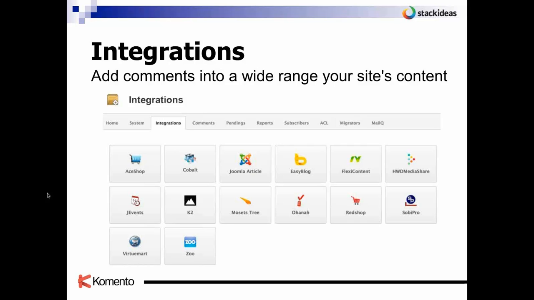And we have a few more components that work out of the box as well, but they are not fully listed here because I don't have access to other components. But from what I know, the example that I provided just now, Shop, is actually supported in Commento as well.